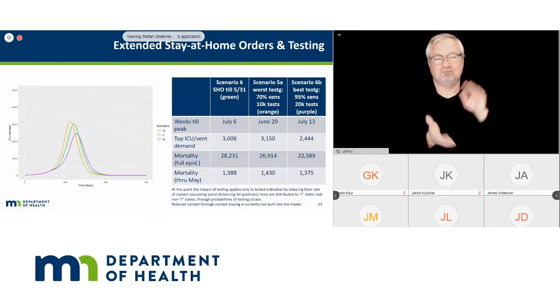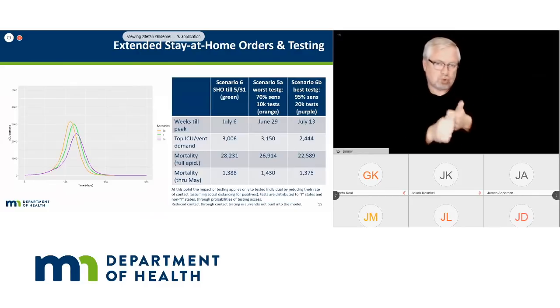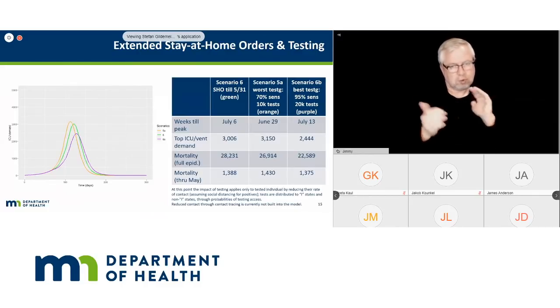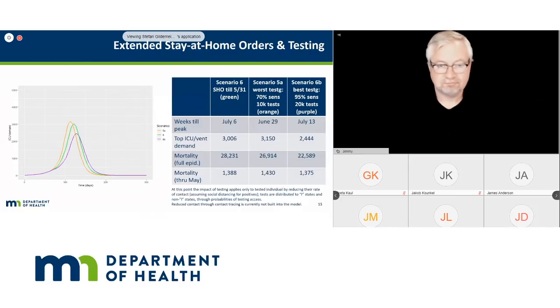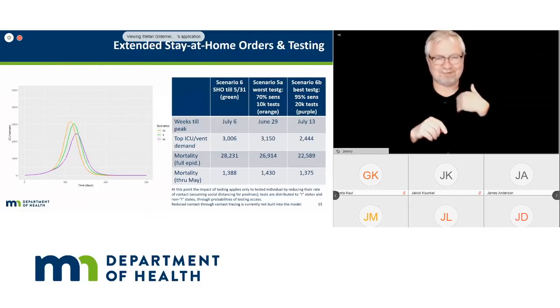So that's what's happening in, say, scenario 6 versus scenario 6B, right? That's a difference in testing added onto it. So it's a little complicated, and it depends on which pairwise scenarios you're making the comparison between.